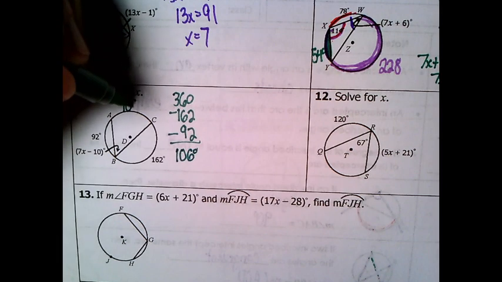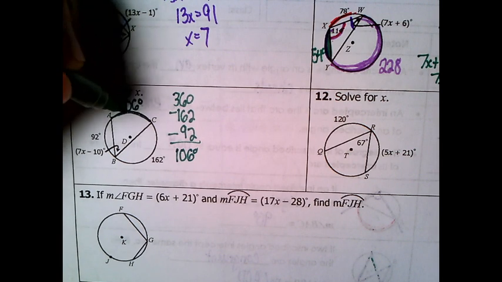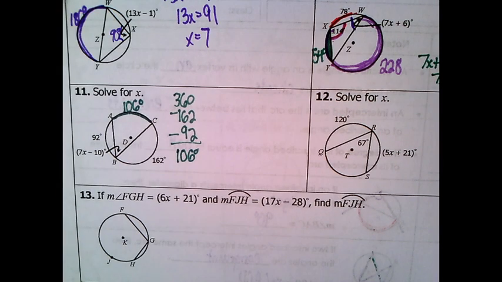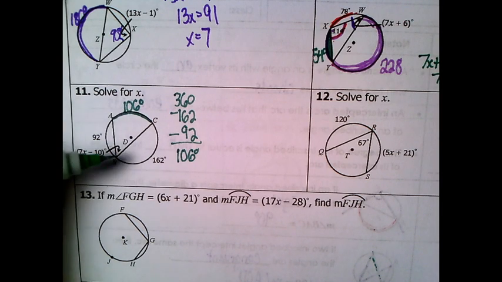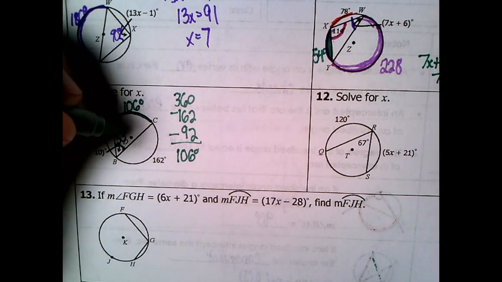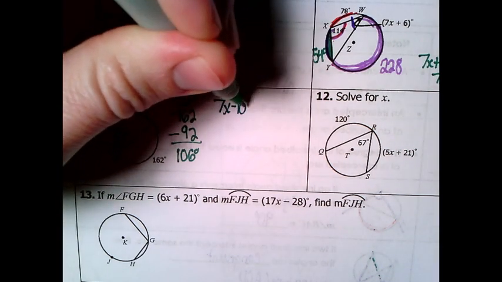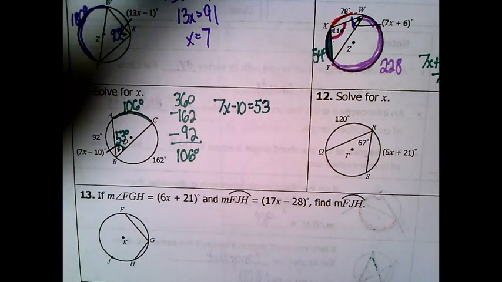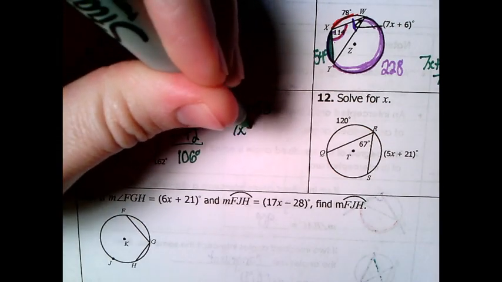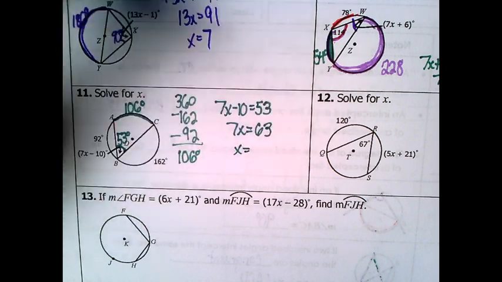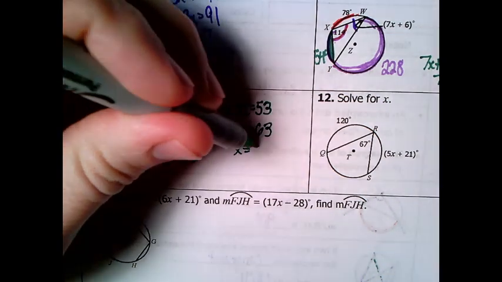So this arc right here is 106 degrees. Going from big to small, I take half, so this little angle is 53. I keep saying arc, it's an angle. Now I can set these two equal to each other. So I got 7x minus 10 equals 53. If I add 10, that gives me 63, and I divide by 7, I get 9.